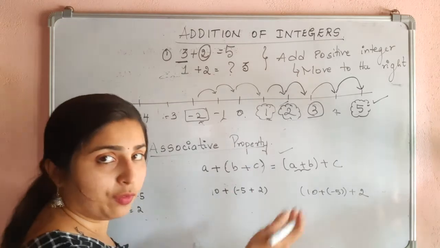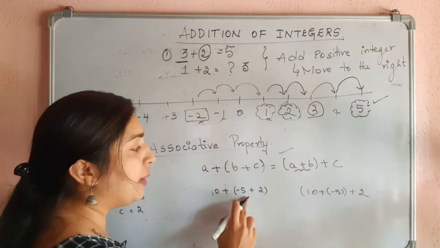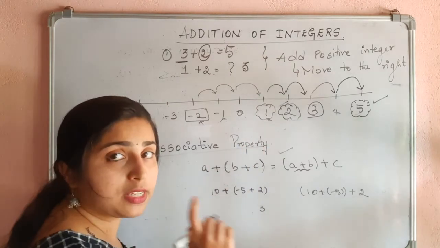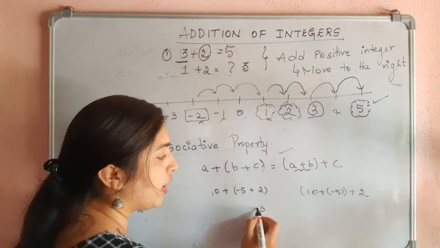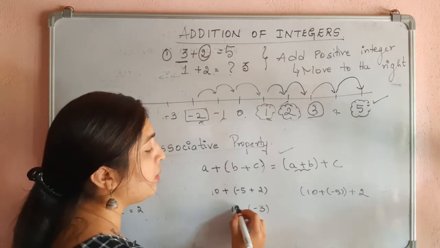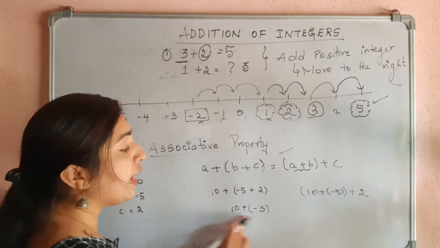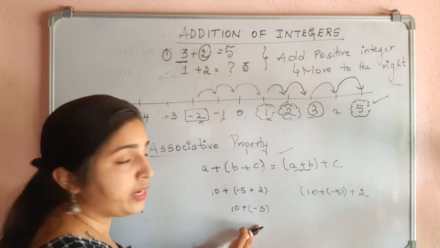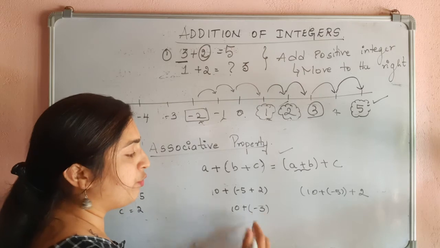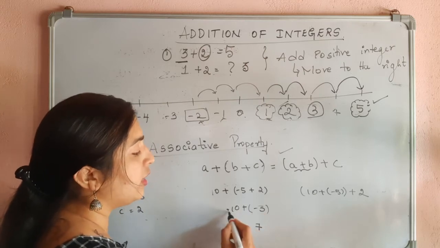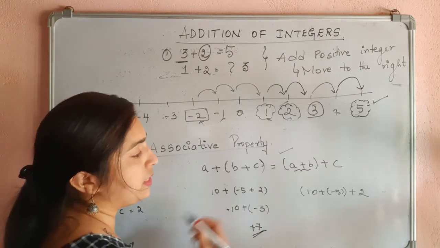Take the difference of 5 and 2, that is 3, and place the sign of the larger absolute value, minus 3. So 10 plus minus 3. Again we are adding integers of different signs, take the difference, that is 7, and here it is plus, so this is plus 7.